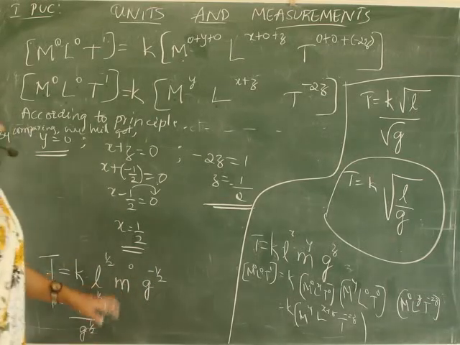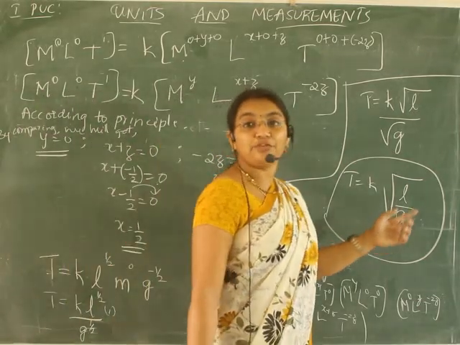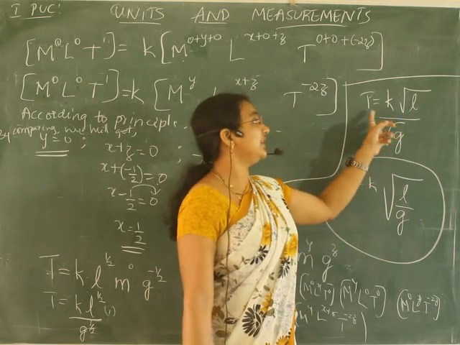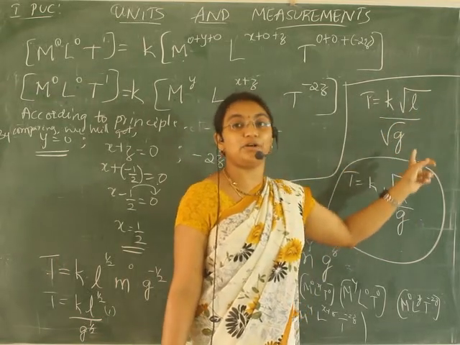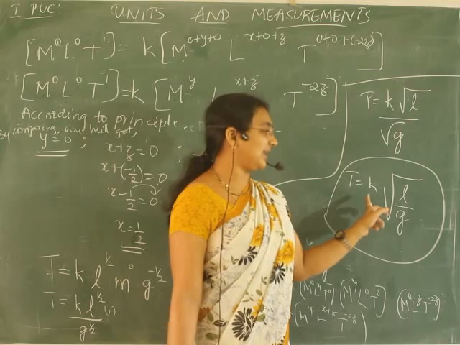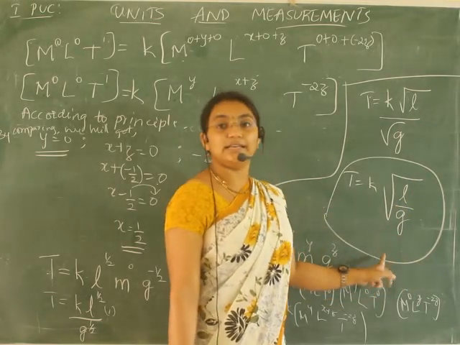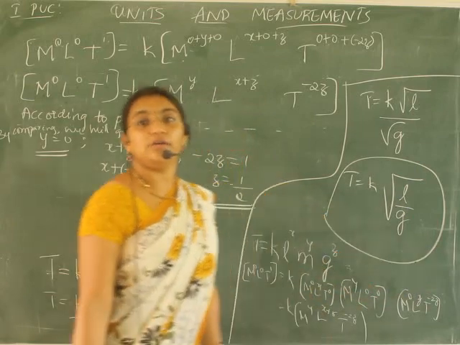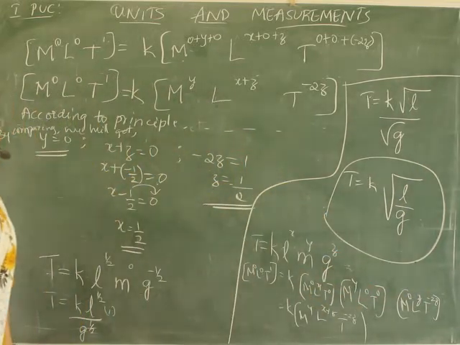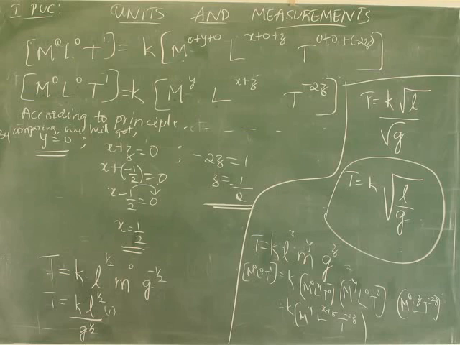Then to the power half means square root, correct? So T is equal to k square root of L by square root of g. Neatly, I can write it as T is equal to k into square root of L by g. This is the very important derivation to find the expression for the time period of the simple pendulum using dimensional analysis.